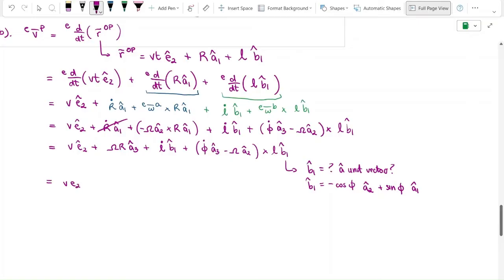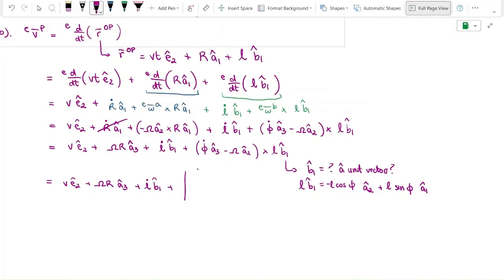So I'm going to write this out. Then I'm going to do the determinant method here. I'm going to add this L in, so L is equal to negative L cosine phi a2 hat plus L sine phi a1 hat. Okay, and I'm going to do the determinant method because this is a little too advanced for my small brain.